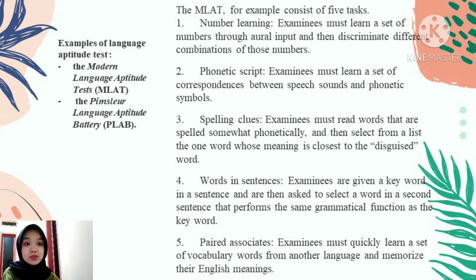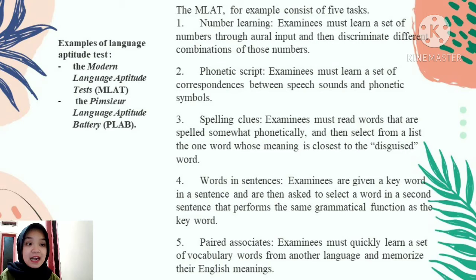Third, spelling clues. Examinees must read words that are spelled somewhat phonetically and then select from a list the one word whose meaning is closest to the disguised word. And fourth is words in sentences.